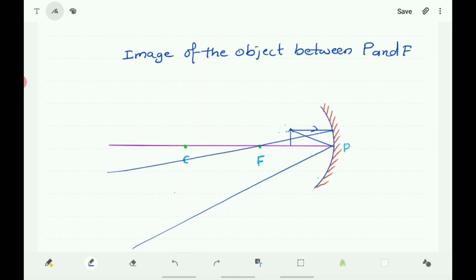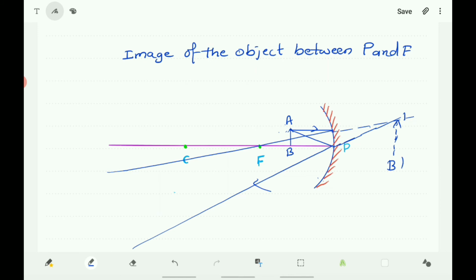These two rays appear to diverge from a particular point behind the mirror, and here there is no actual intersection of the reflected rays. The image is a virtual image because it is formed by the virtual intersection of the reflected rays, and this image cannot be caught on the screen.